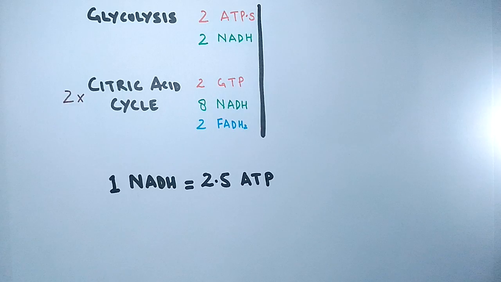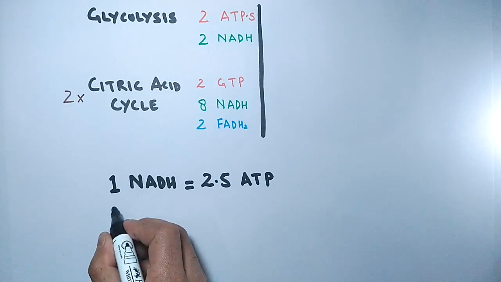When we look at the electron transport chain, we find that complete oxidation of 1 molecule of NADH pumps 10 protons out of the matrix. And it takes the passing of 4 protons through ATP synthase to yield 1 ATP molecule. That leads to the conclusion: 10 protons divided by 4 protons yields 2.5 ATPs.